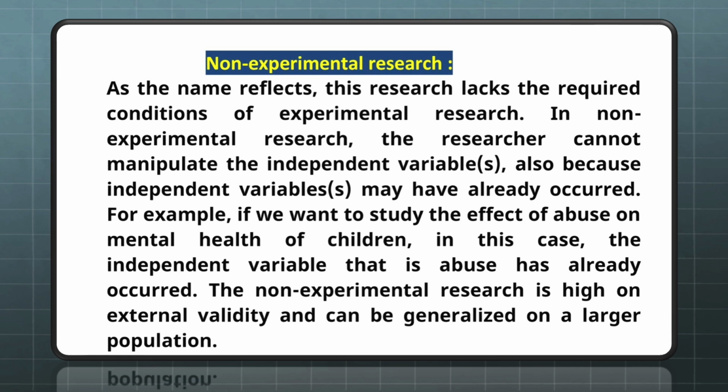The independent variables may have already occurred. For example, if we want to study the effect of abuse on mental health of children, in this case, the independent variable, that is abuse, has already occurred. The non-experimental research is high on external validity and can be generalized on a larger population.